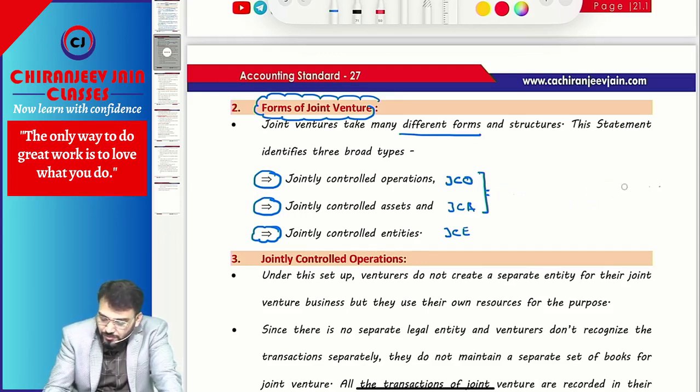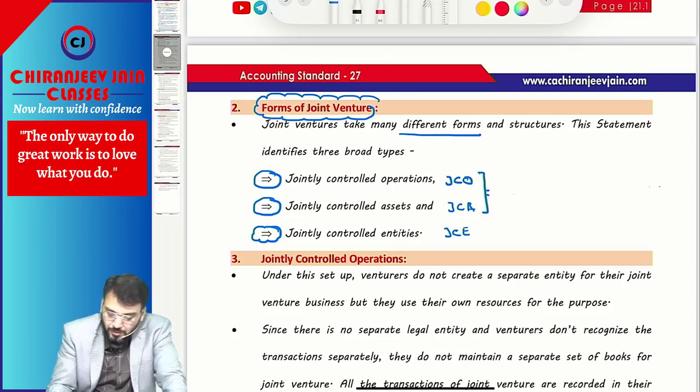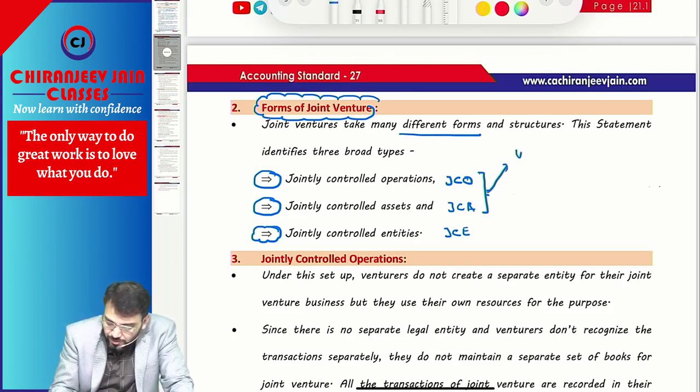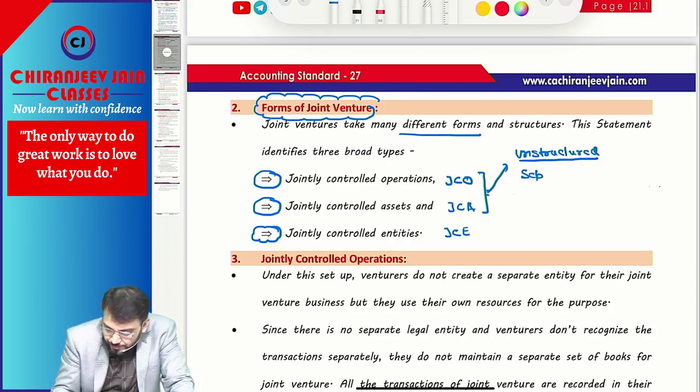Not able to understand? Write down first. These are unstructured, which means a separate legal entity is not created.